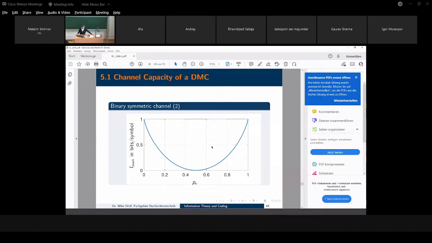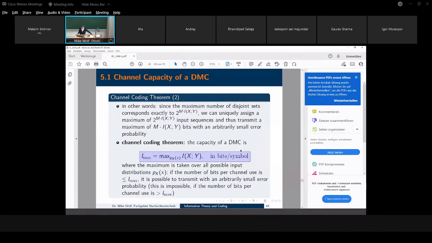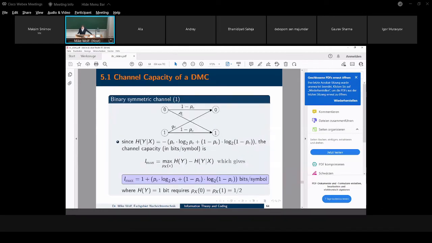First, this is just, let's say, a mathematical description. It's clear that if all the zeros are for sure received as a 1 and all the 1s are received as a 0, then there's no question about this. Then the channel capacity is just 1 bit. This is just a mathematical question.